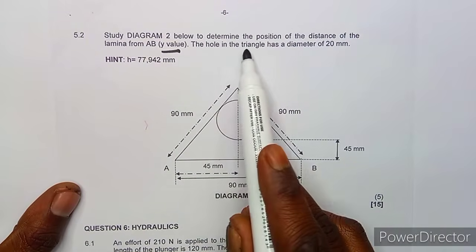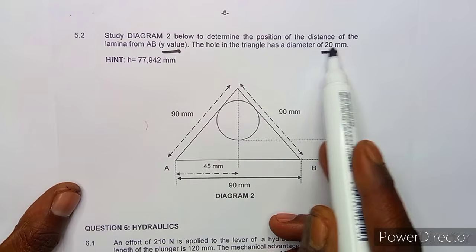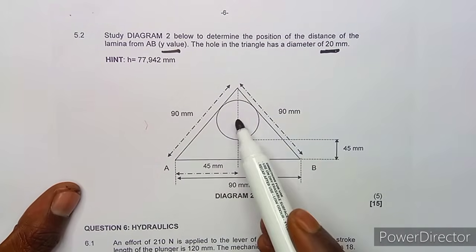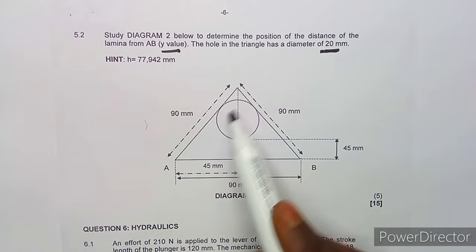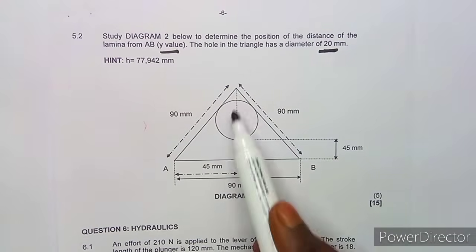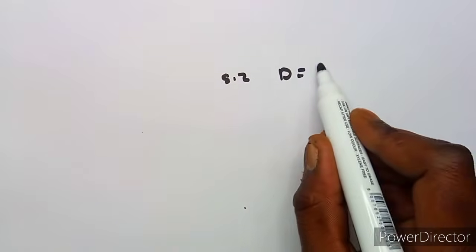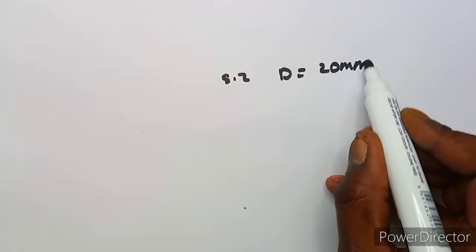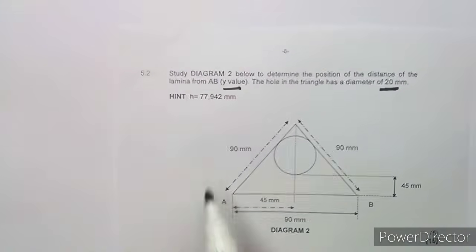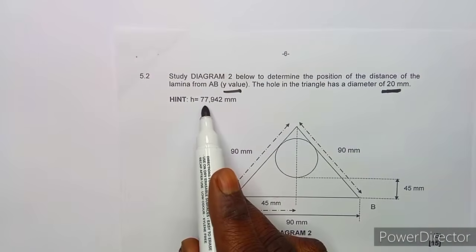The hole in a triangle has a diameter of 20 millimeters. So there is a hole inside, a circle cross section, with a diameter of 20 millimeters. We are also given that h is 77.